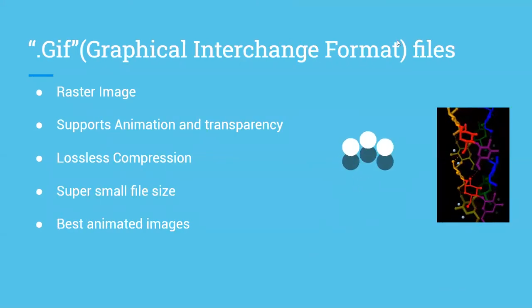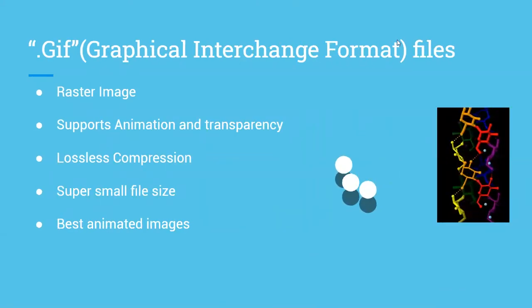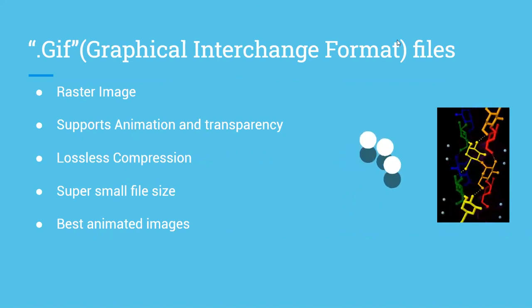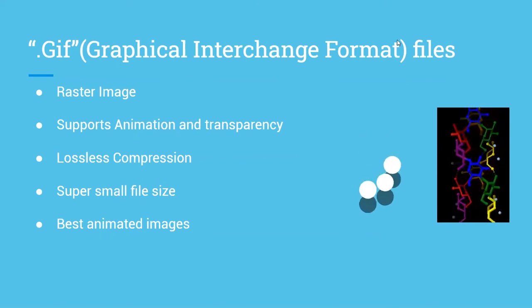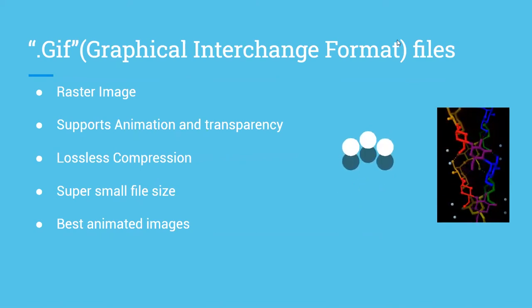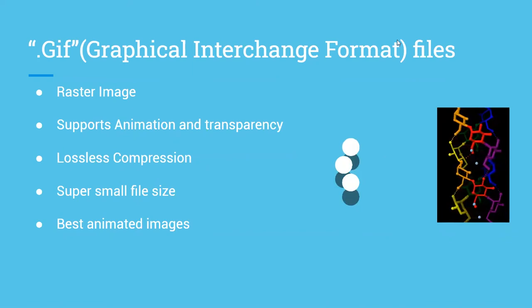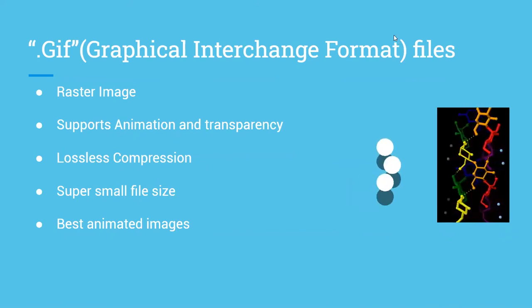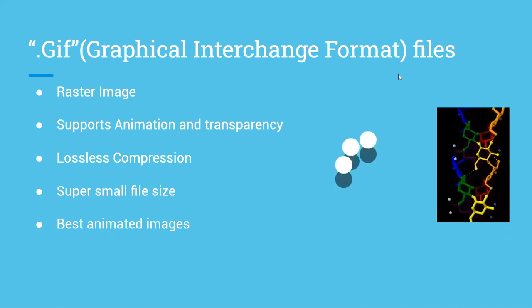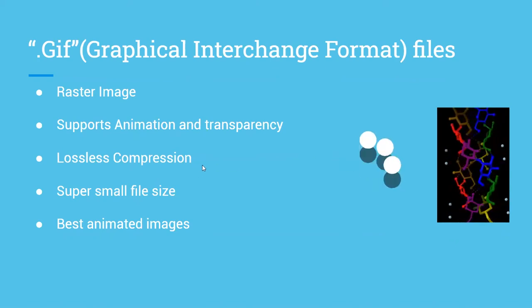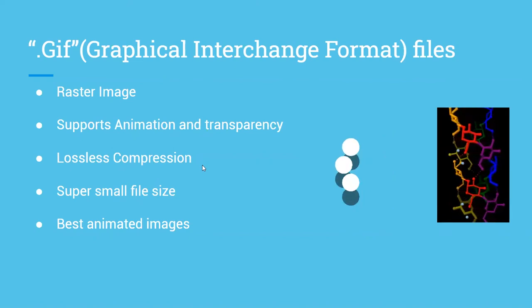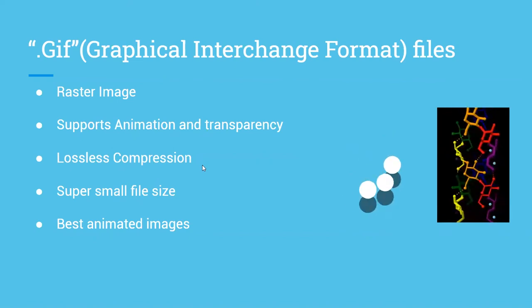Let's move on to GIF files. Graphical interchange format files are another highly popular format used on the web. One of the more popular features that GIFs hold is the ability to be animated. However, GIFs can still be single images. Like PNGs, GIFs have support for transparency and use lossless file compression, resulting once again in GIFs being able to maintain their quality regardless of how many times they are shared.